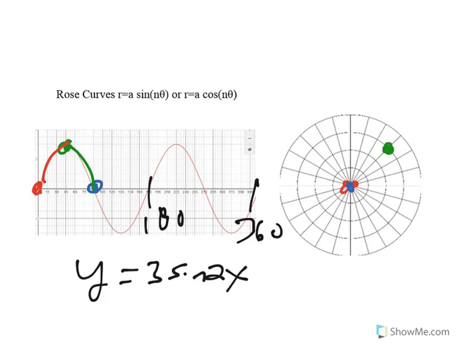But on the polar graph, and this part can be a little bit confusing, it has to sort of spiral towards the green, and then once it hits that green point, it has to spiral back to 0. So it ends up becoming like the petal of a flower, right? Because x-intercepts turn into points at the pole.